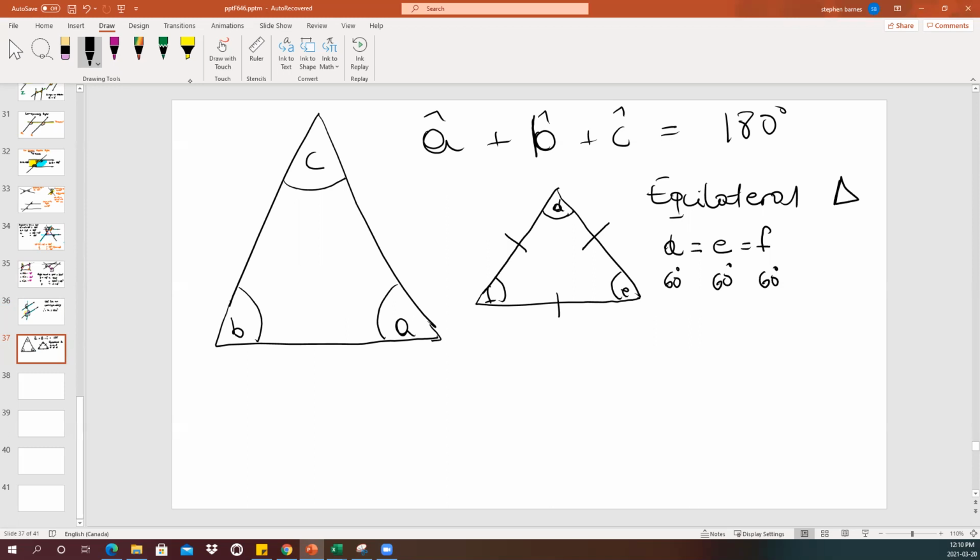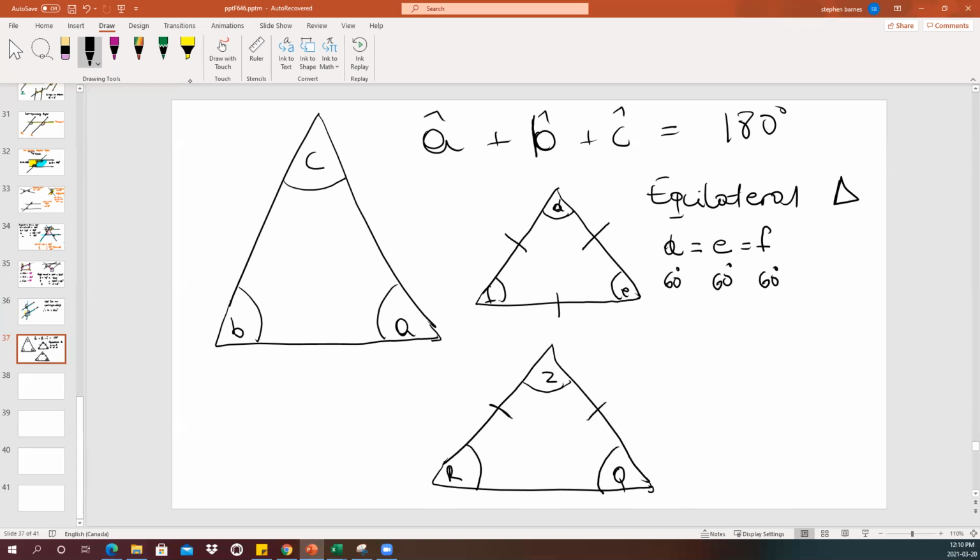All right. The next one that we want to take into consideration is a type of triangle that is sort of lazy. We're calling this triangle an isosceles triangle, right?